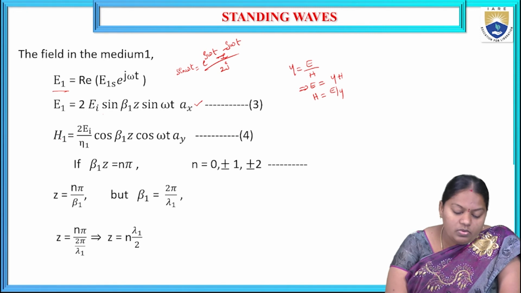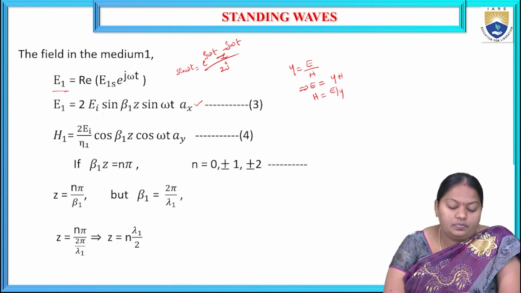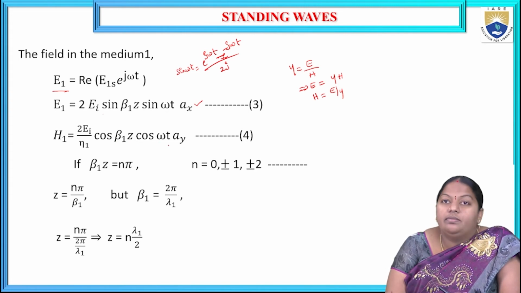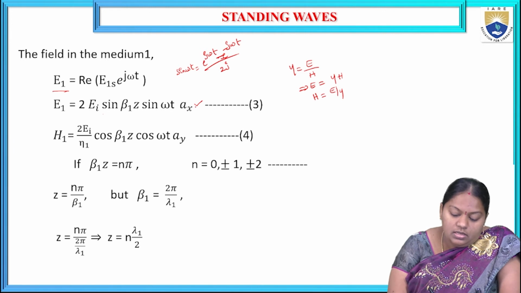So H1 is equal to 2 into EI by eta 1, which becomes 2 EI by eta 1 cos β1z cos ωt into ay. This is the imaginary function, this is the real function.